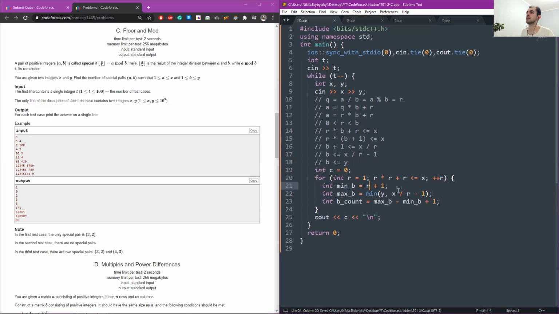Keep in mind that at most square root of X values of R are going to be tested. Because then the smallest B will already not fit. I don't know how to say it the right way in English, sorry.